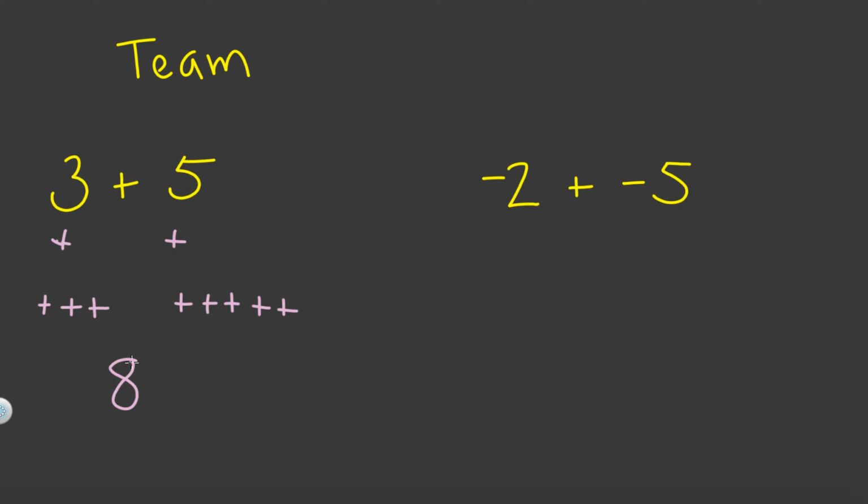On the other side, we have a negative and a negative. They're on the same team. They've got the same sign, the same team. So we're going to put them together. So we've got 2 negatives, 1, 2, 3, 4, 5 negatives here, putting them together, and we have 7 negatives. So that's the team part.